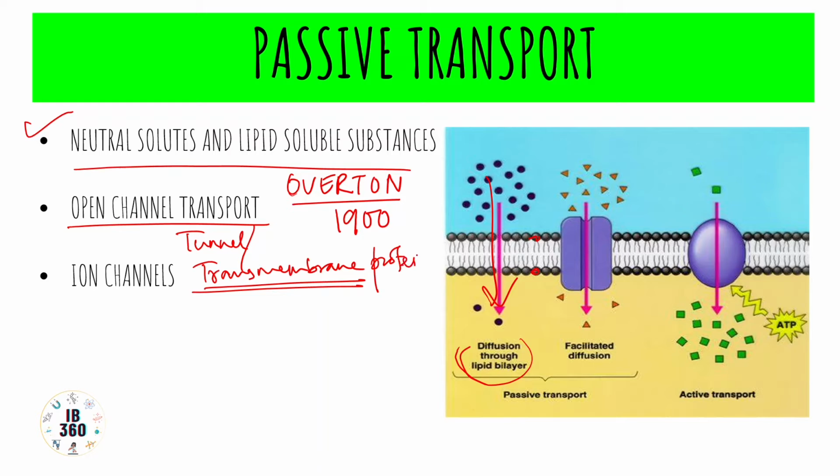These proteins are always open to water mainly. So water channels or aquaporins are a classic example of open channel transport, and the aquaporins allow water and water soluble gases like CO2 or O2 to move according to their concentration gradient.